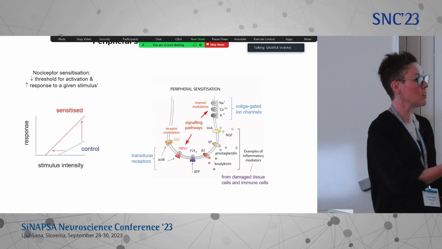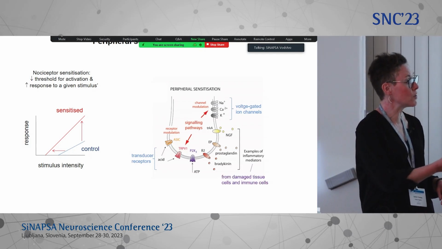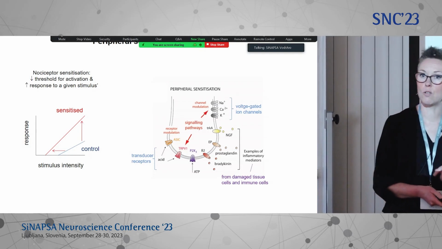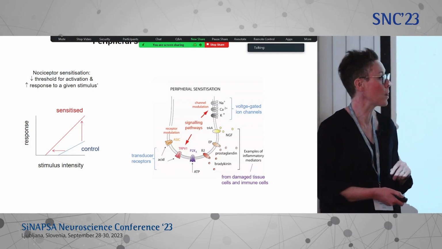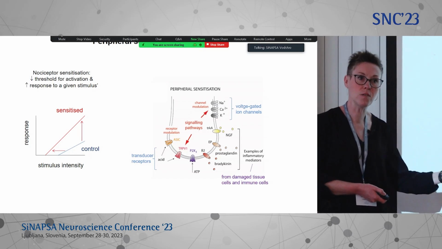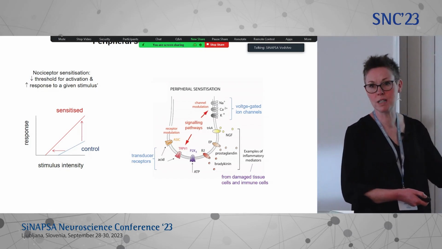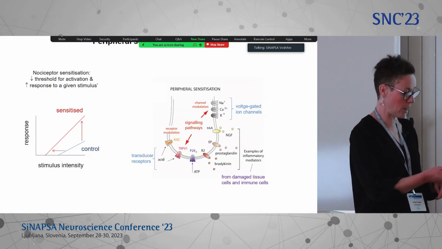So following injury, we know that inflammatory mediators are released from damaged tissue cells and also immune cells. And these can both activate the nociceptor ending, but they can also modulate the sensitivity of the ending.